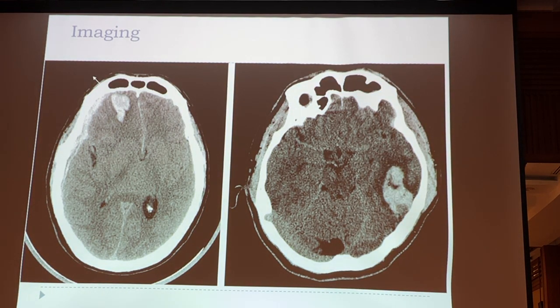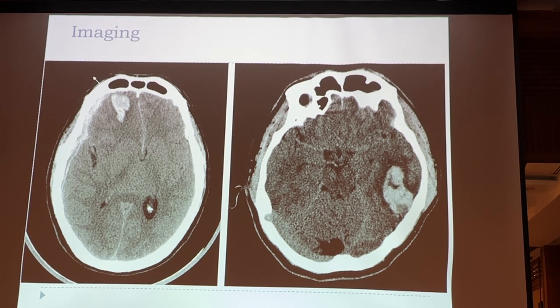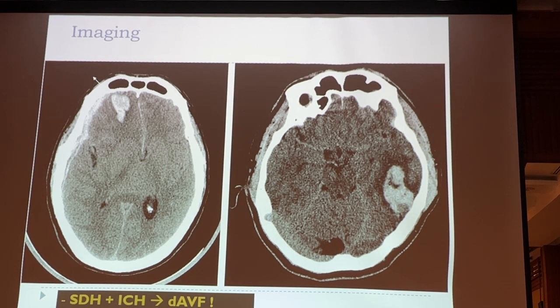Here are two different patients, and the reason I'm showing them is that both have the same pattern of hemorrhage. Both have a combination of a subdural hematoma with a parenchymal hematoma. Here's the parenchymal hematoma, and here is a tiny subdural hematoma right there. In the absence of trauma, the combination of a subdural hematoma with a parenchymal hematoma is a telltale sign for dural arteriovenous fistula, as the parenchymal hemorrhage can be related to arterialization.